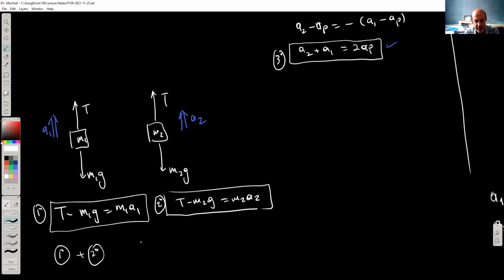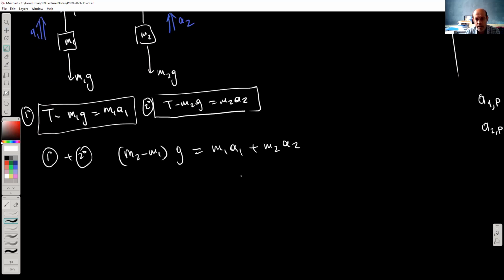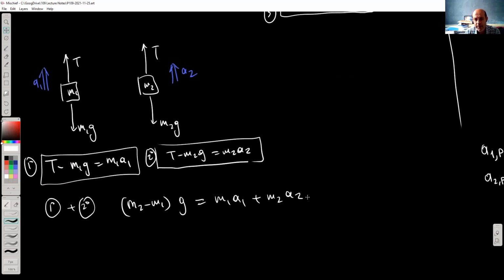So they will cancel. In any case, we get M2 minus M1 times G here. And on the right-hand side, I'm going to get M1A1 plus M2A2. And then I'm going to replace this by the third equation, so I'm going to write this as 2AP minus A1.